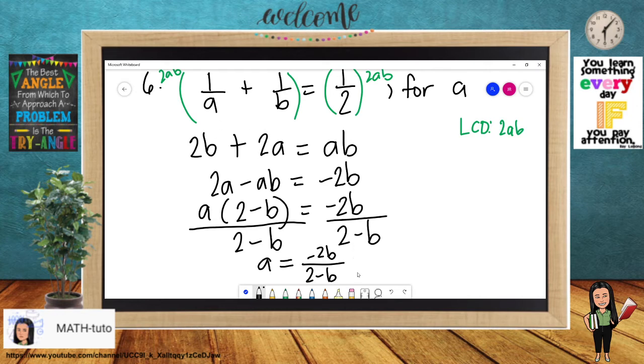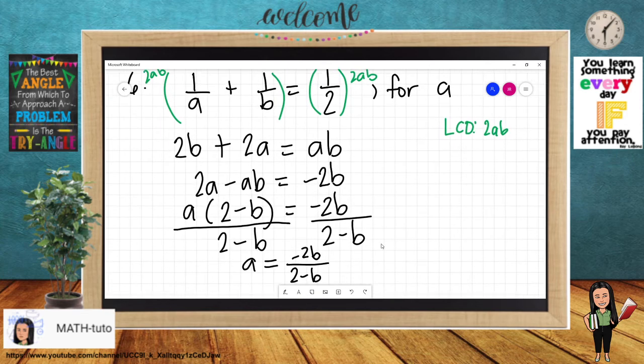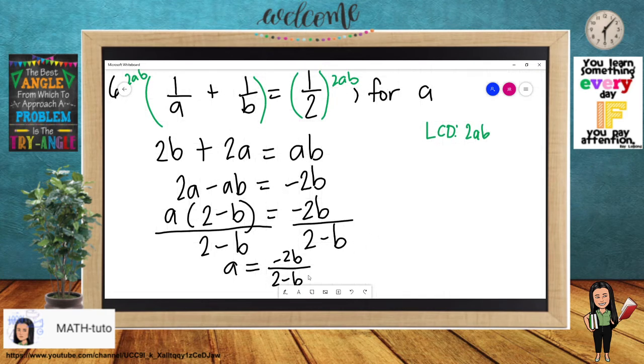So our answer will be in the form where this is positive, because B is on this side. But the denominator is not 2 minus B, it will be B minus 2, which is just the same as this one. So this can either be, I'll just write it here on the side so at least you know what I mean.